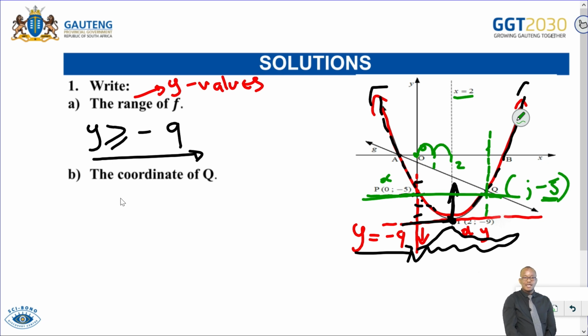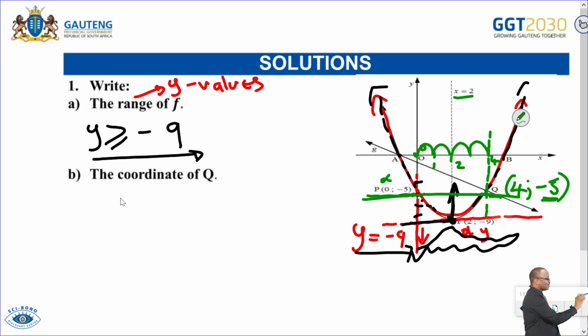That's how the axis of symmetry helps us. Now, I'm going to move 2 units to the right. So from 2 is going to be 3 and 4. So it means the x value of Q is 4. It means Q is (4, -5).